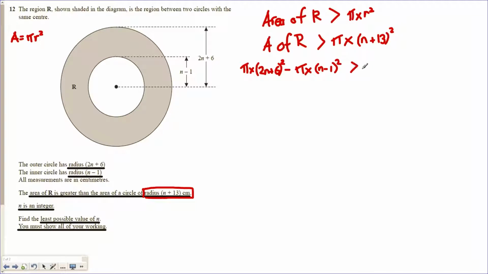And all of that is greater than pi times n plus 13 squared.